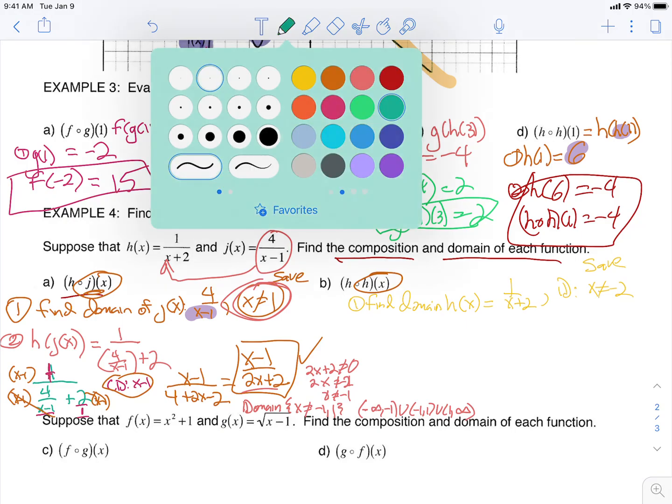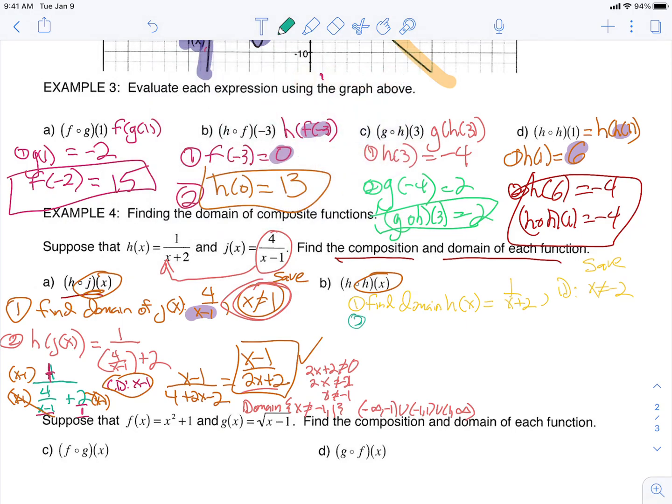Now, I'm going to do the groundwork and actually find what is h of h of x. So, you ever see Inception, a dream within a dream? Well, that's what I'm doing right here. I'm putting a function into itself. So, h of h of x is 1 over parentheses 1 over x plus 2 plus 2.